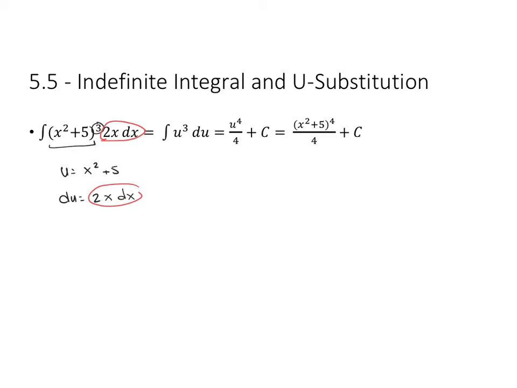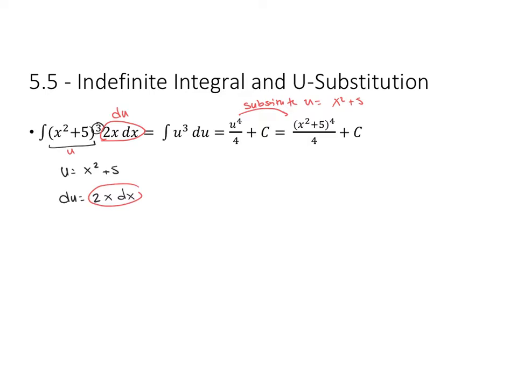So this whole piece of 2x dx becomes my du, and then the x squared plus 5 becomes my u. So now it's u cubed du, and then I take the antiderivative, which is no problem, and then finally I plug back in. u is x squared plus 5.